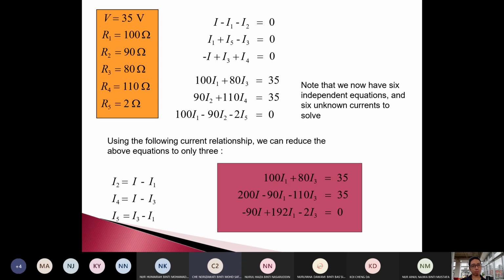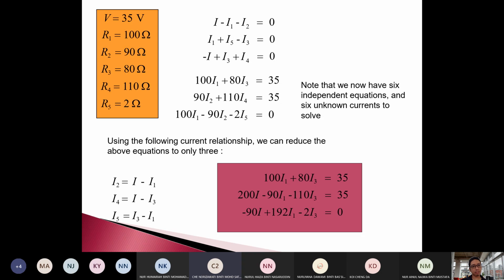And then for the second one, we can reduce this by plugging in the equation of this. So I2 you can replace with I minus I1. So this one you can replace that.